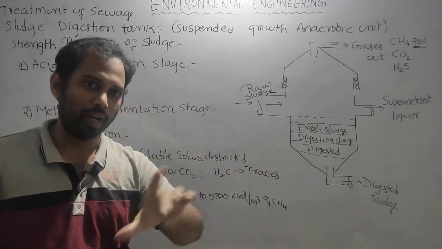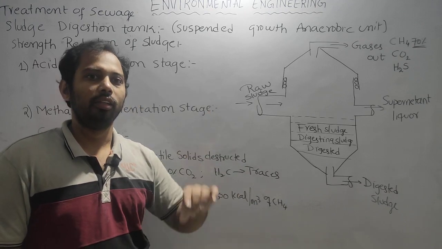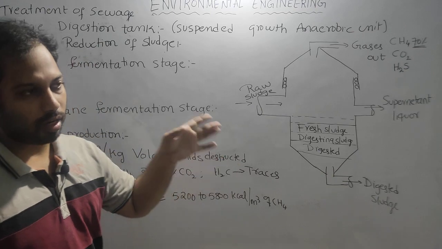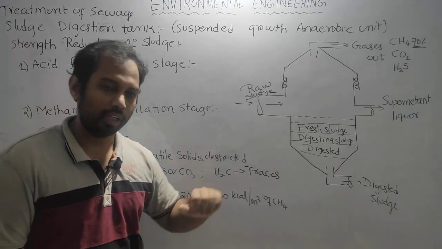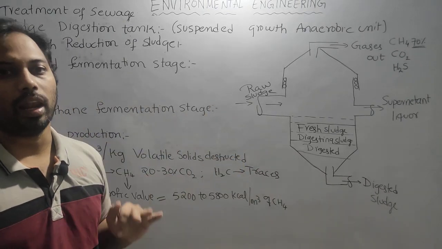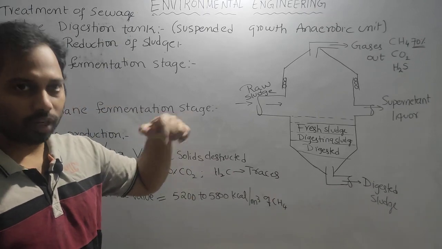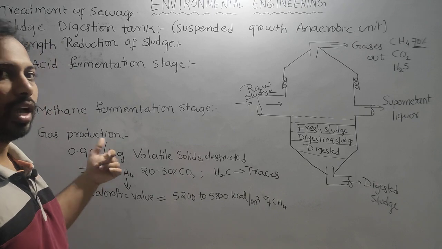These many volatiles are coming in, but in the sludge digester only 70-80% of the volatile solids are being destructed. Then we again calculate how many volatile solids are destructed, and from the volatile solids destructed, 0.9 meter cube of gas is coming.